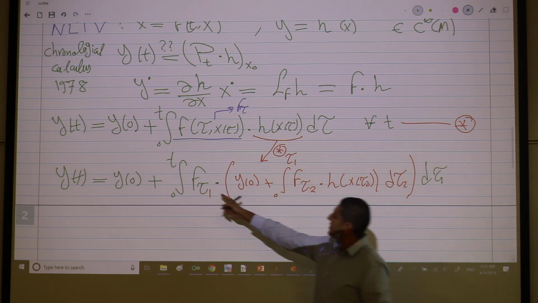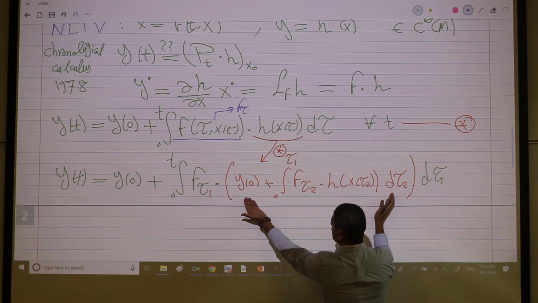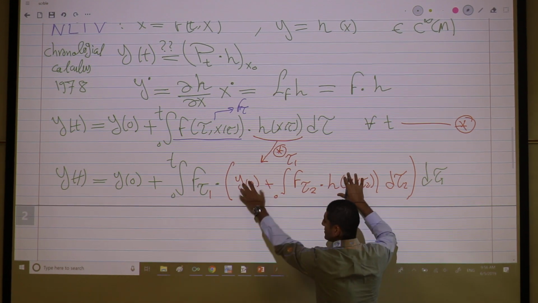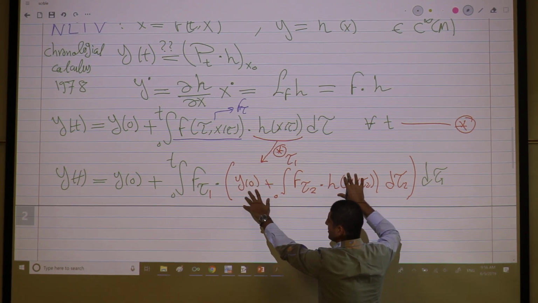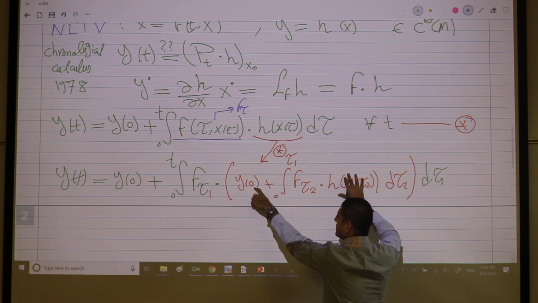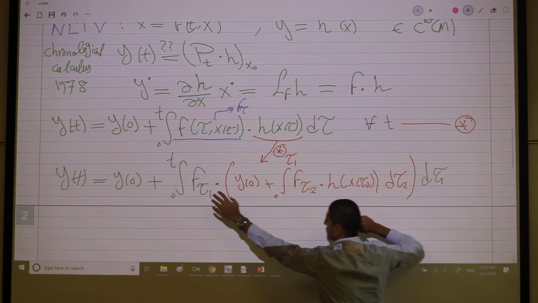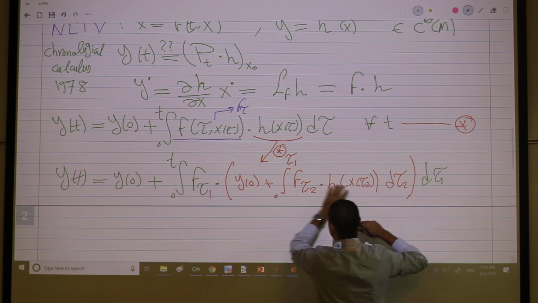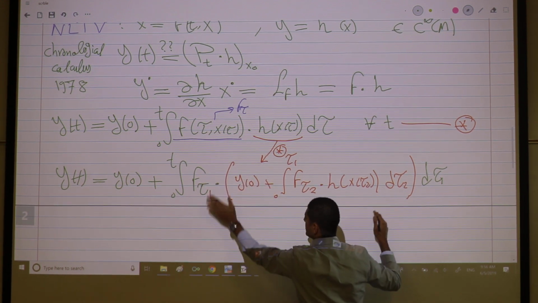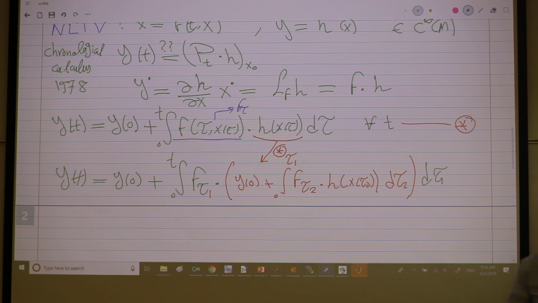And now f tau, this is a vector field acting on a C-infinity function. It's the addition of two functions. Remember, y of 0 is a sloppy notation because y of 0 is h, and then the result I will evaluate at x0, okay? So this is acting on this guy plus acting on that guy. This is a linear operation, so I'm going to distribute just fine.